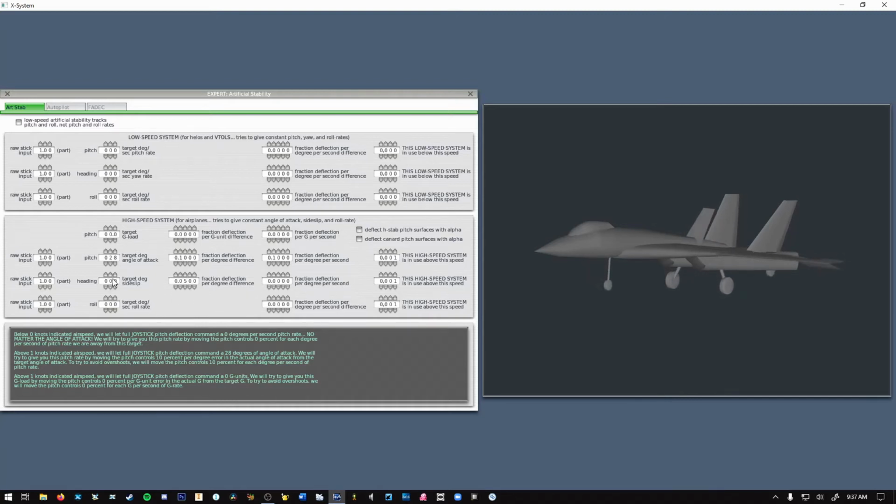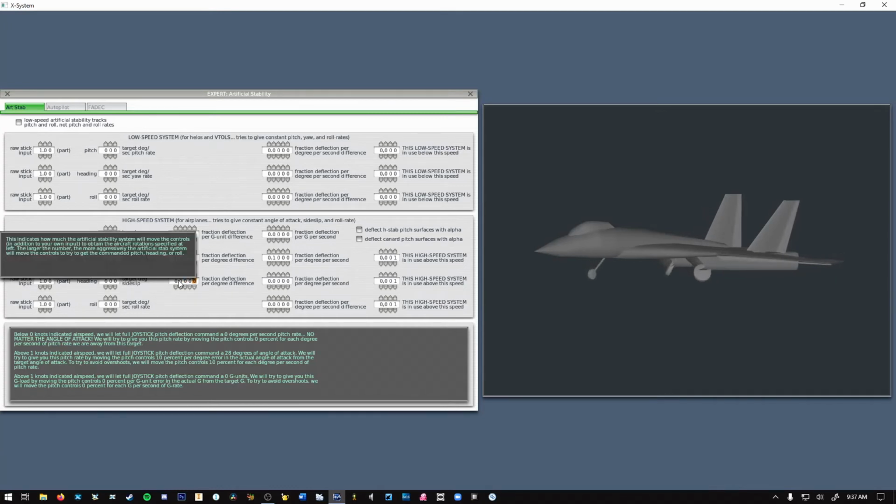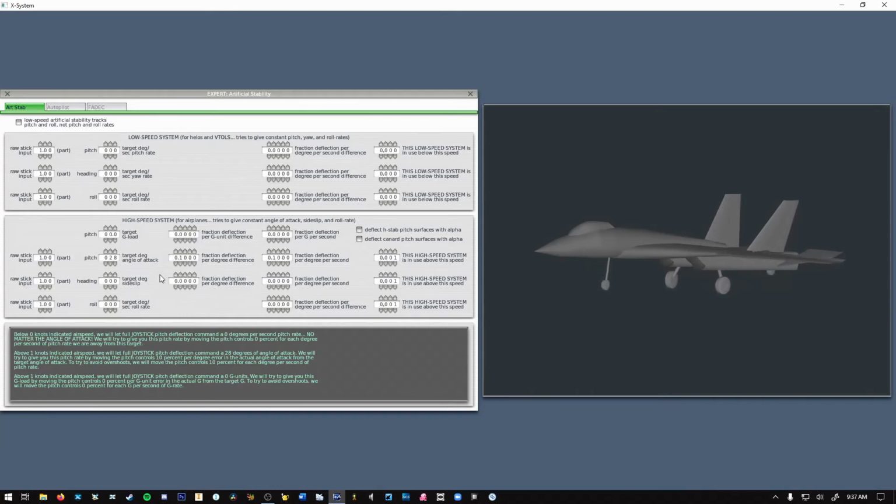And so, in heading, target degrees of side slip, I want this to stay, actually no, let's not use this one. I'll explain why in a bit, but I'm just going to remove all of that there. And you'll notice that roll rate here is the same as roll rate up here. So you can do either one. This will activate above a speed, this will activate below a speed.